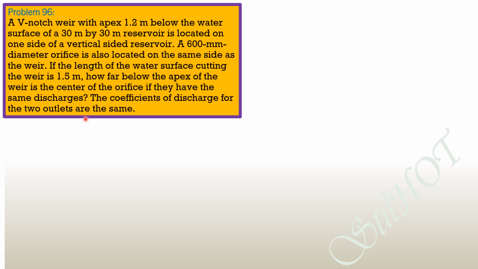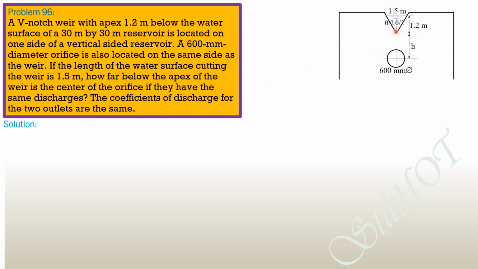So to help analyze the situation, let's have the figure and check if the figure is correct. So we have a V-notch weir where the length of the water surface is 1.5 meters and the apex is 1.2 meters below that water surface.